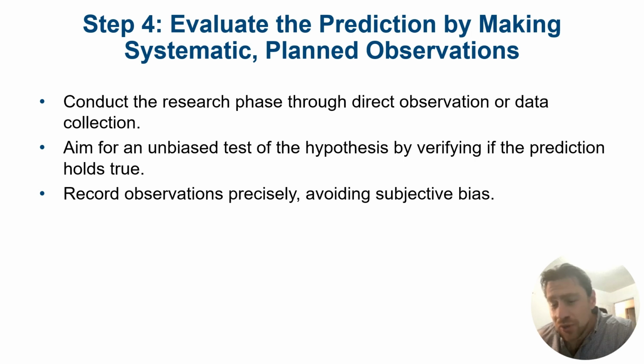And of course, you want to try to be as unbiased as you can, both in setting up the experiment and also in collecting the data. You want this to be a very rigorous test of the hypothesis, such that if your hypothesis is incorrect, this experiment should ideally be able to reveal that.